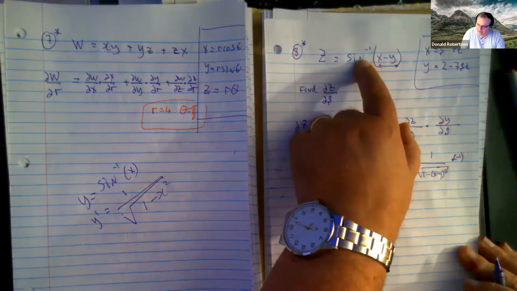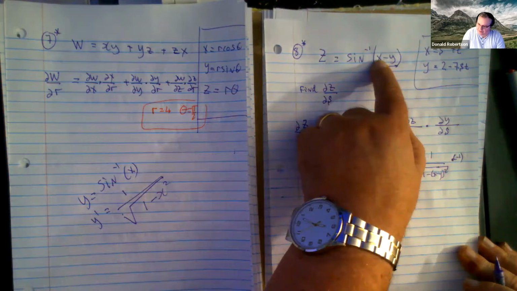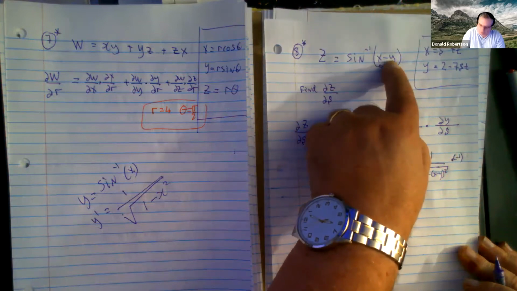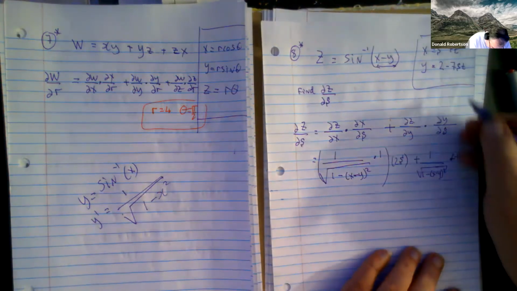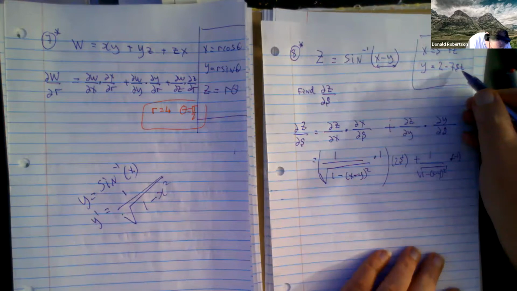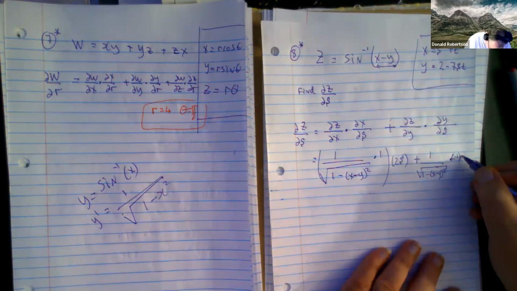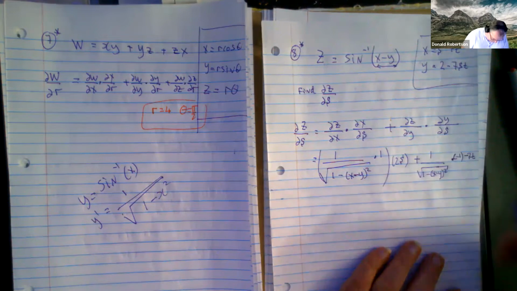So we took care of the inverse, and then we finish with the derivative of the inside function with respect to y. And then you do this guy with respect to s, and I believe you get negative 7t.